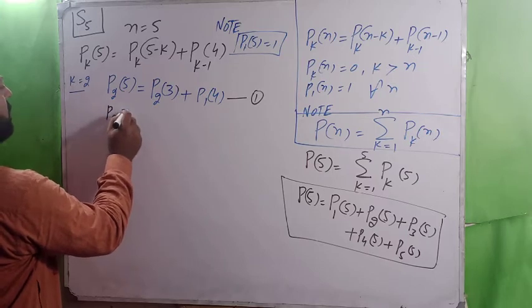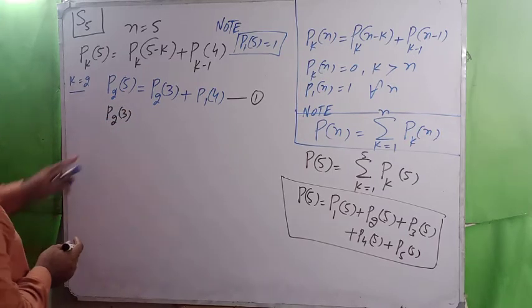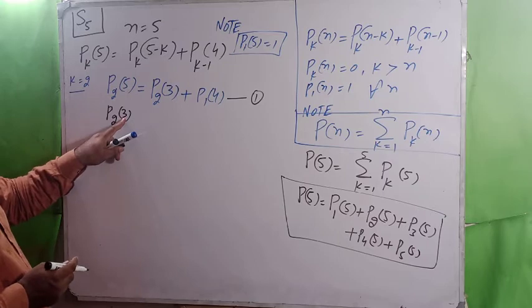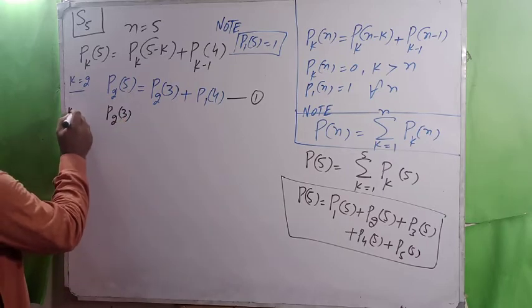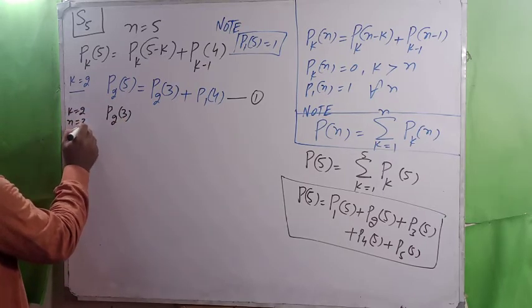P2,3. Here k is equal to 2, n is equal to 3.